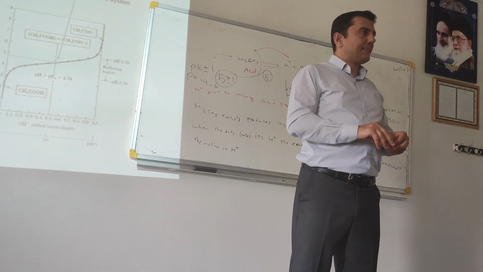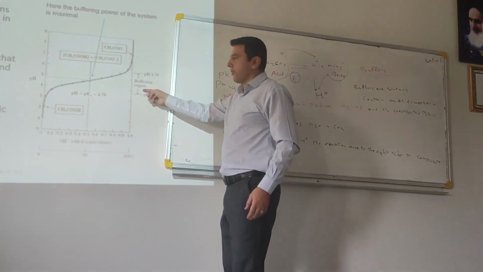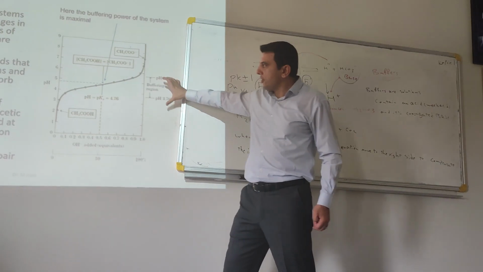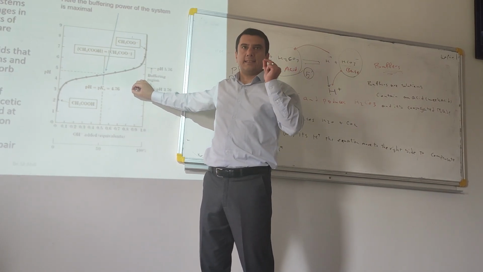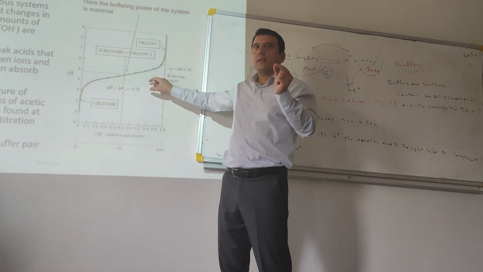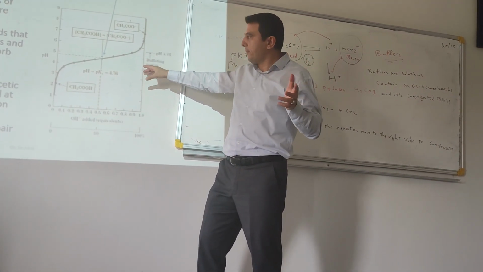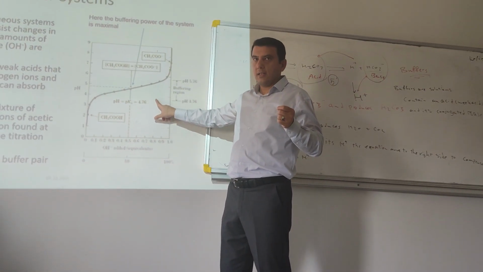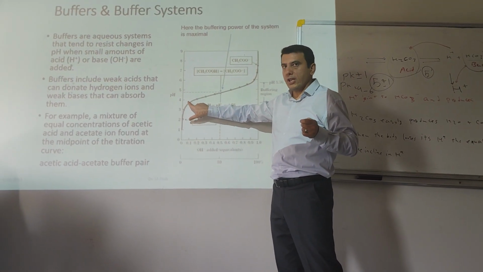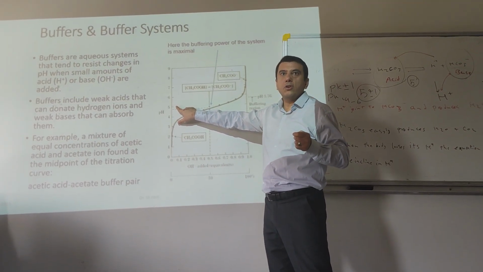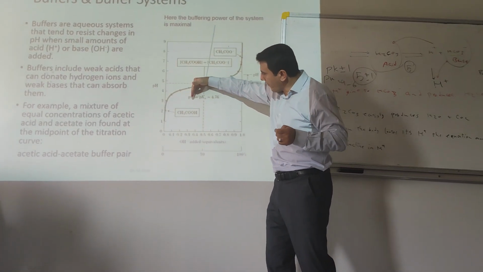Each buffer has a very unique property, that is the buffering region, which means the region in which a buffer has the highest resistance against changes in pH. For example, as you can see here, we have no change or small change. pH just changed from 4 to 5, from 4 to 6 in this region.